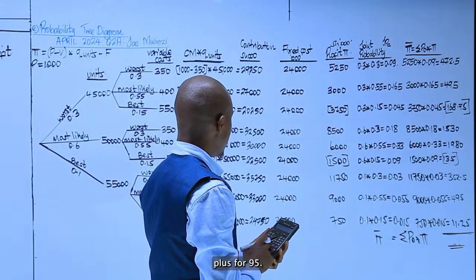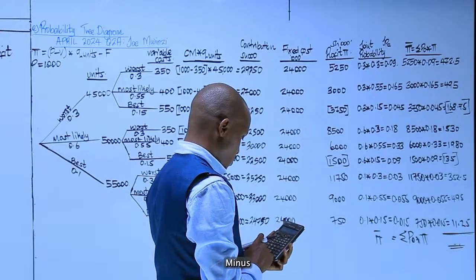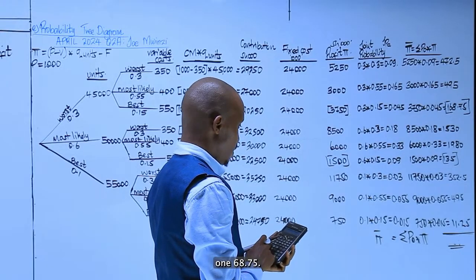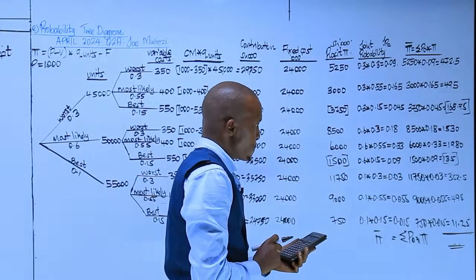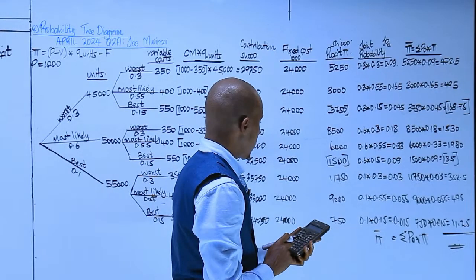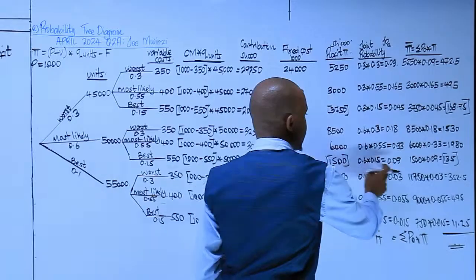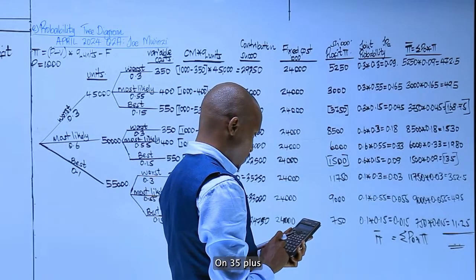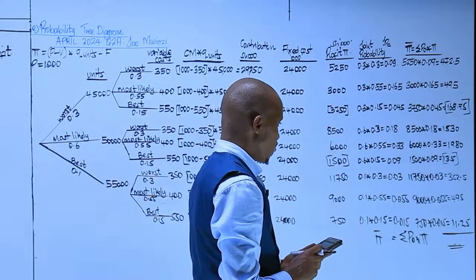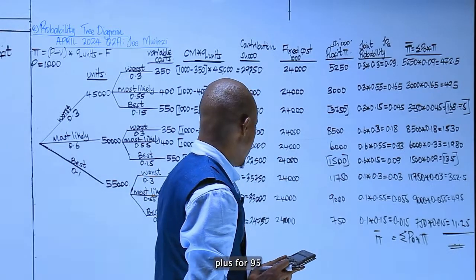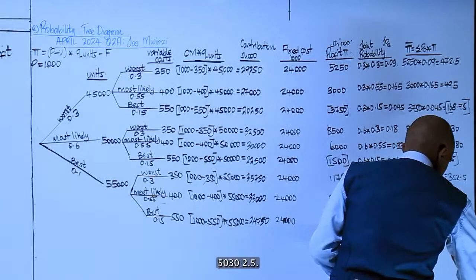472.5 plus 495 minus 168.75 plus 1530 plus 1980 minus, this is a negative, 135 plus 352.5, which was a positive, plus 495 plus 11.25, 5032.5.